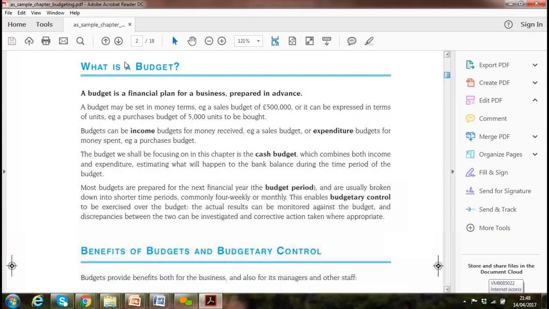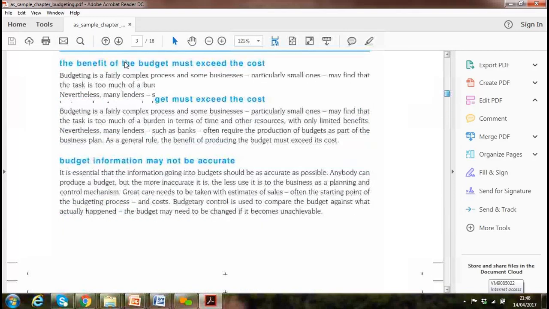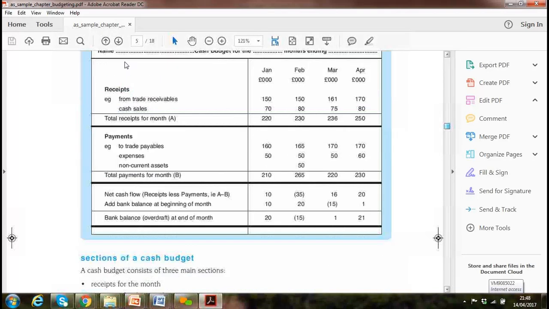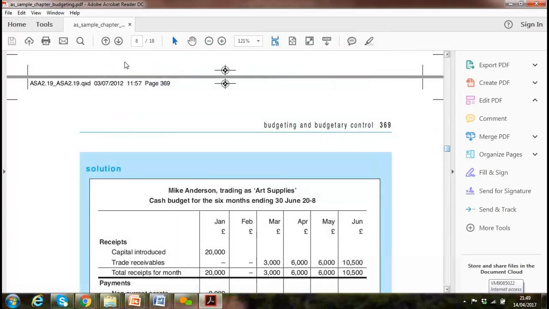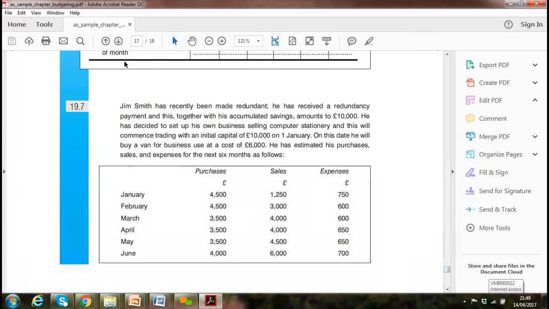You will see there what is the budget, what is budgetary control, types of budget, what is meant by variance. It's all explained, and good examples are there. So please go through this document, it will help you in terms of the budget.